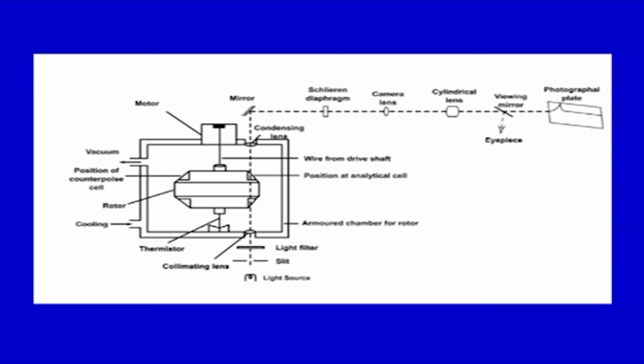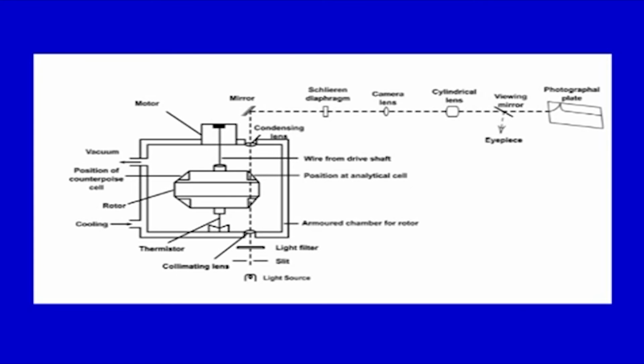You can see this rotor is suspended through a wire here, which balances this, and there is a thermistor here to sense the temperature. There is a cooling and vacuum system to evacuate the chamber where the rotor is placed, and there is armored shielding here, which is an armored chamber for the rotor.